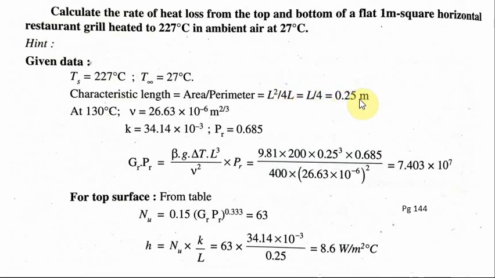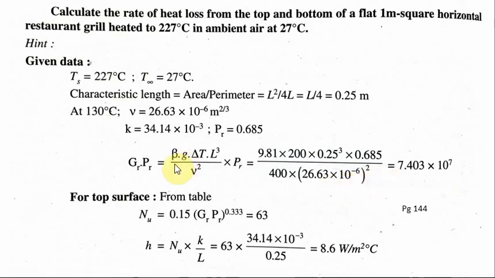So don't take 1 meter directly as the length. Here we need to calculate the characteristic length, so it is L by 4, equal to 0.25 meter. Once we get the length, the other parameters are given. We can calculate the Grashof number into Prandtl number, where the beta value is 1 by film temperature in Kelvin, and all other parameters are here.